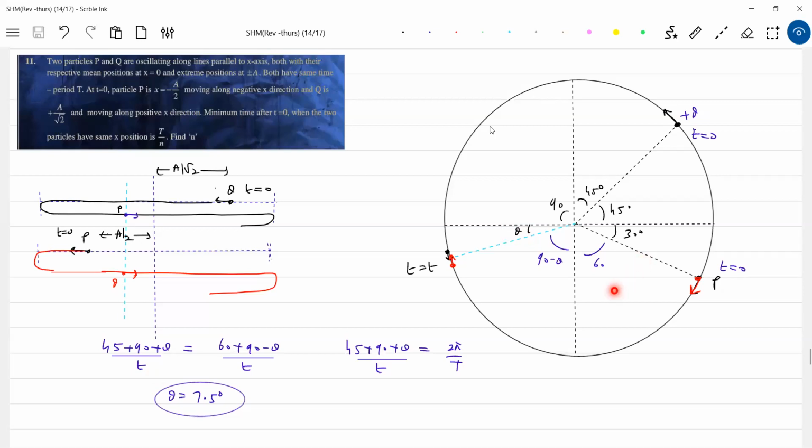And P will have 60 plus 90 minus theta. If the particles move in a circular path, their projections will execute SHM. Since both have the same time period, I'll equate here. If they had different time periods, you would write 2 pi by T1 for this and 2 pi by T2 for that, and solve it.